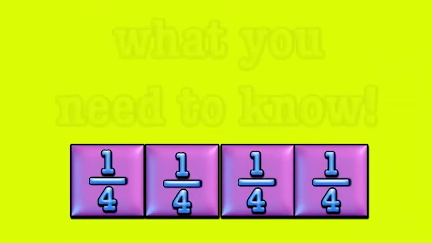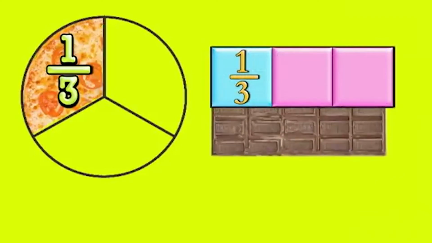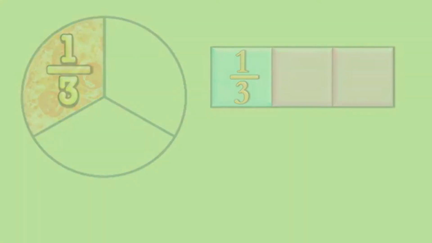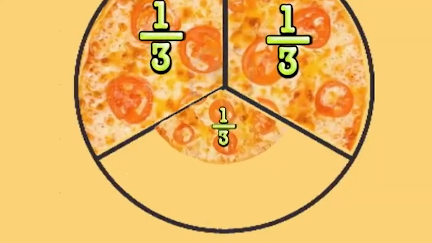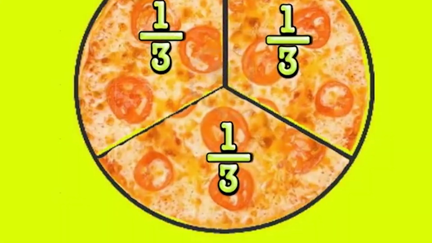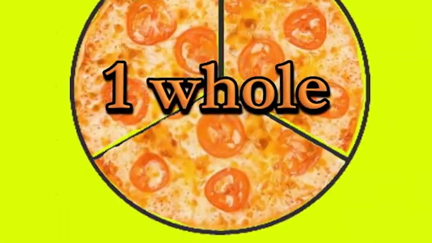Fractions, fractions, what you need to know. 1/3 of a pie, 1/3 of a bar. Thirds of different things are different sizes by far. But a third is a third, big or small. It takes 3/3 to make one whole. It takes 3/3 to make one whole. 1/3, then 2/3, and 3/3. That's one whole.